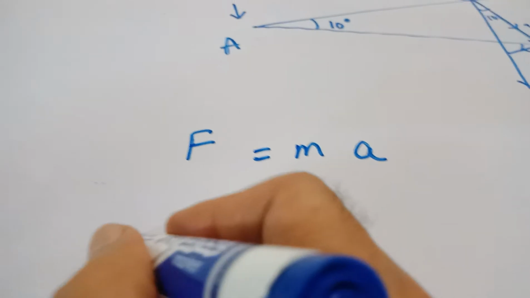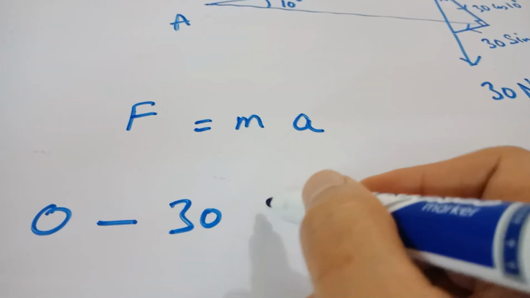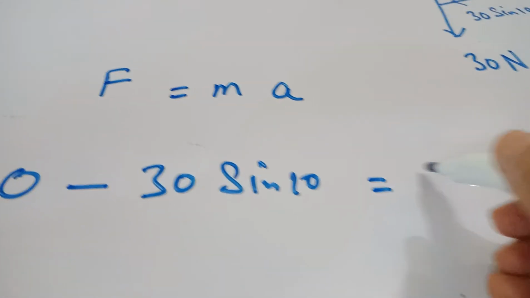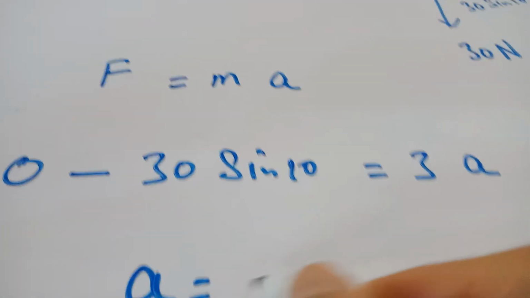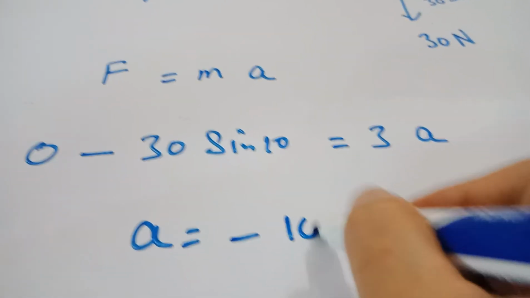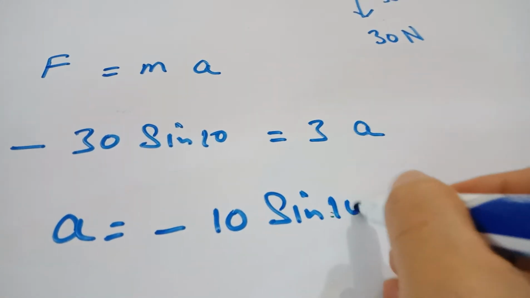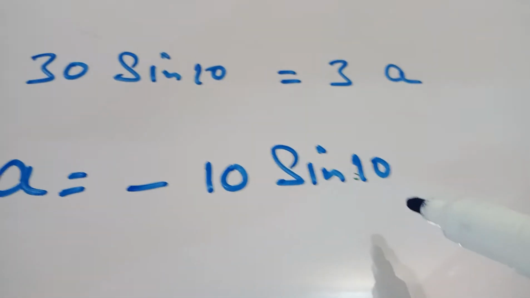There is no forward force, there is a backward force which is 30 sine 10, and that is equal to ma. So the acceleration is going to be minus 10 sine 10. I'll not be finding its value right now because this is not the answer required.